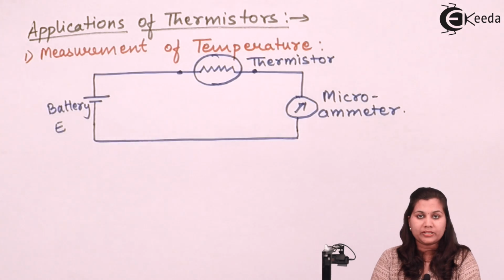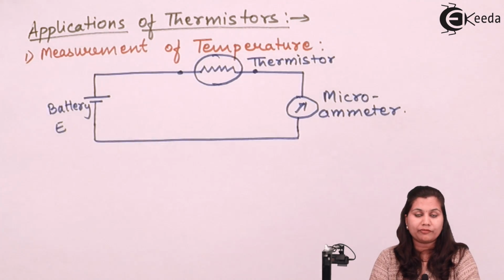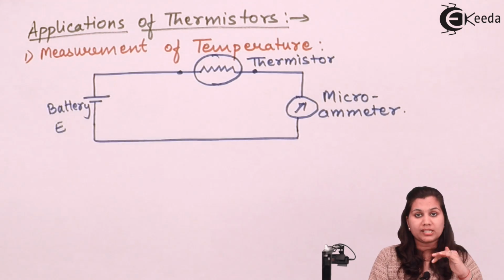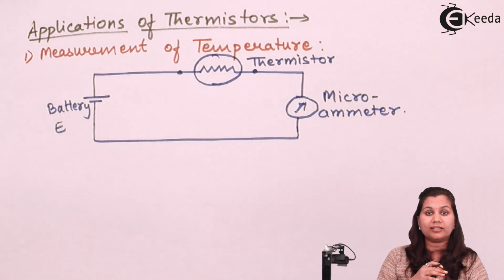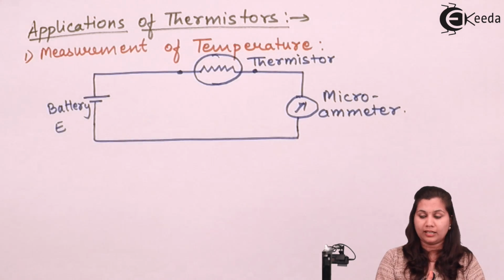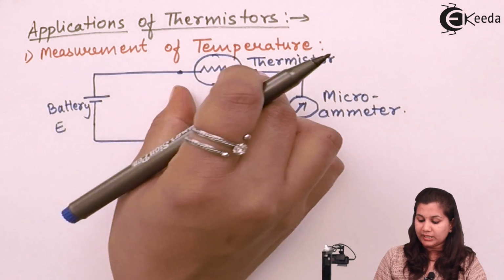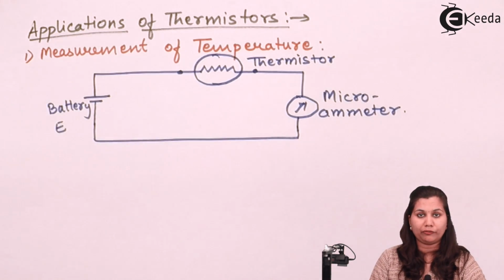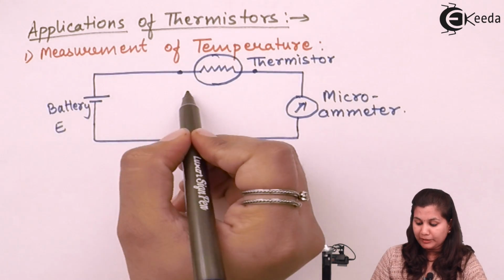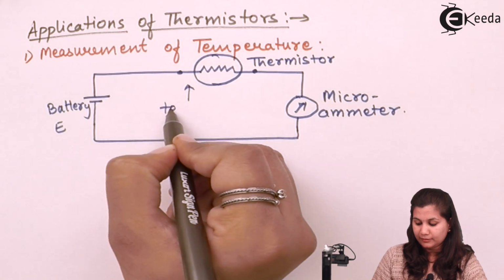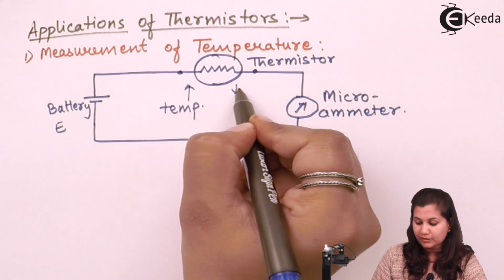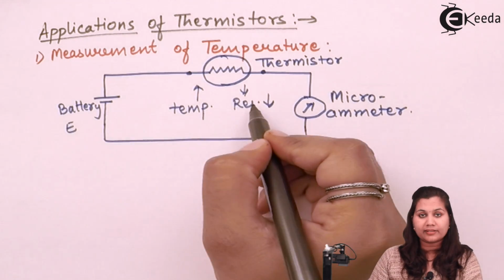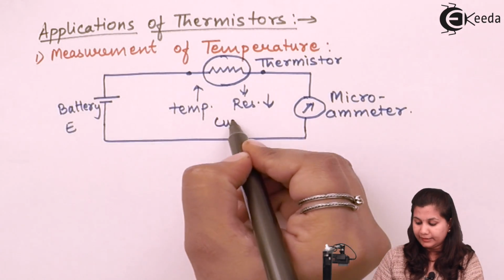Now we know that a thermistor has a negative temperature coefficient. Its resistance decreases with the increase in temperature. So resistance is decreasing, which means that the flow of the current is increasing. So when the thermistor is connected with a battery and a microammeter, it can be used for the measurement of temperature. As the temperature increases, its resistance is going to decrease, and as the resistance decreases, the current increases.